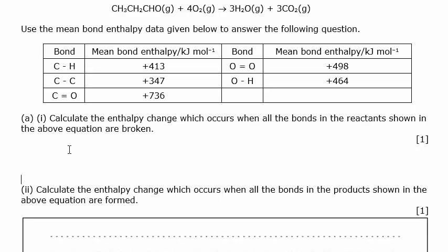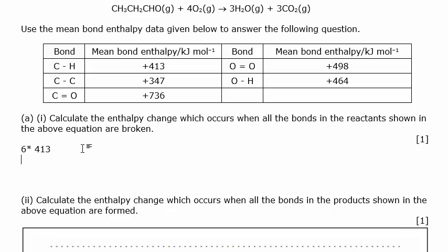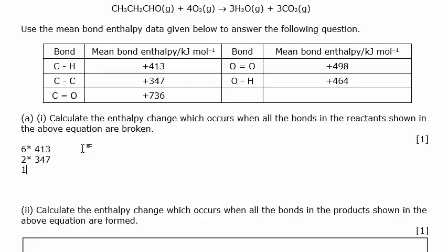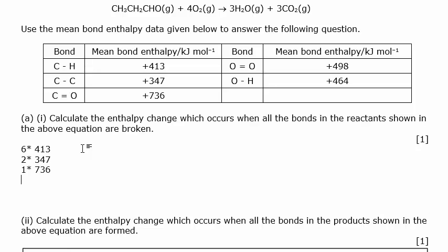Alright, so our equation should just show 6 times CH, which is 413. It should show 2 times 347. It should show 1 times 736. And we're going to add them together.